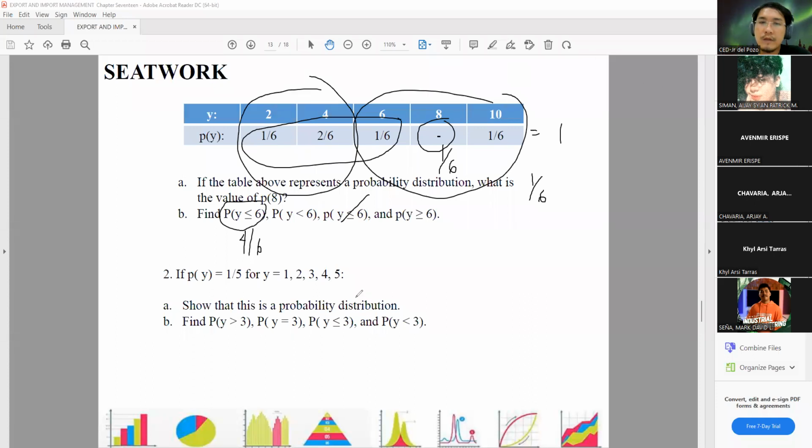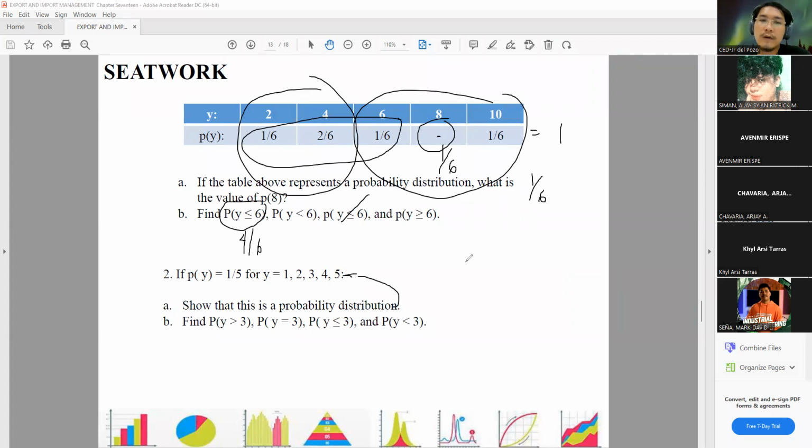How can you say that it is considered a probability distribution? Yes. Kasi kung equal lahat sila sa 1/5, then 1/5 times 5 is 5/5 or 1.